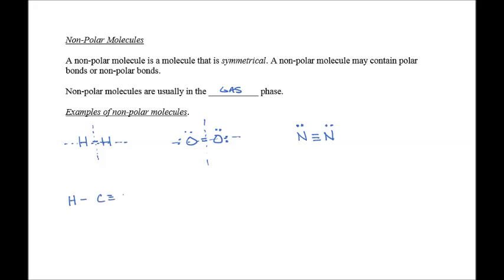Ethine, now this is a polar bond because carbon and hydrogen are different. This is a nonpolar bond because carbon and carbon are the same. And this is a polar bond because carbon and hydrogen are different. But the molecule overall, it's the same side to side, and it's the same top to bottom. So it is a nonpolar molecule.